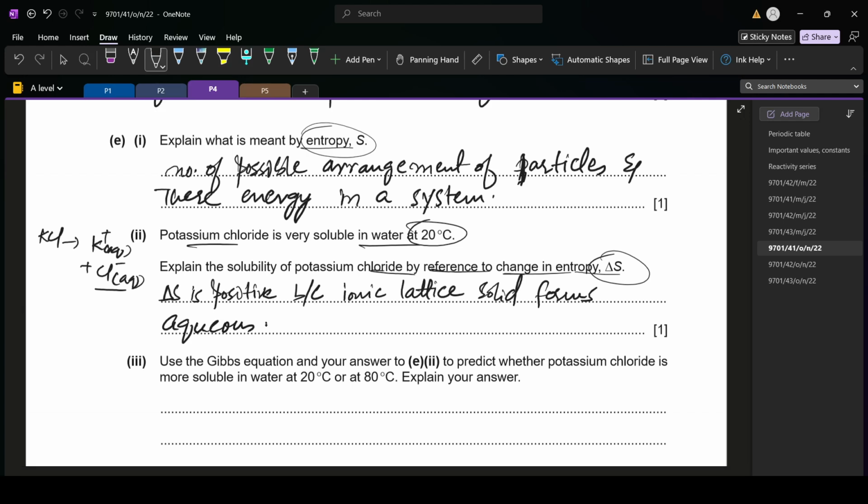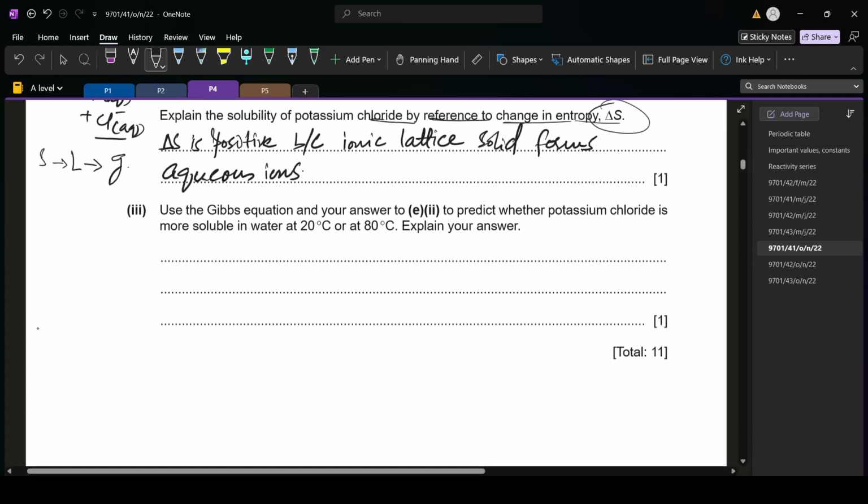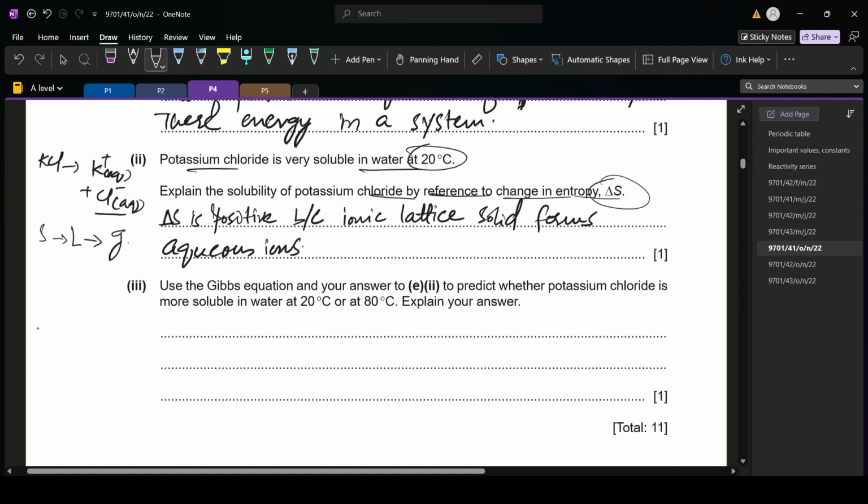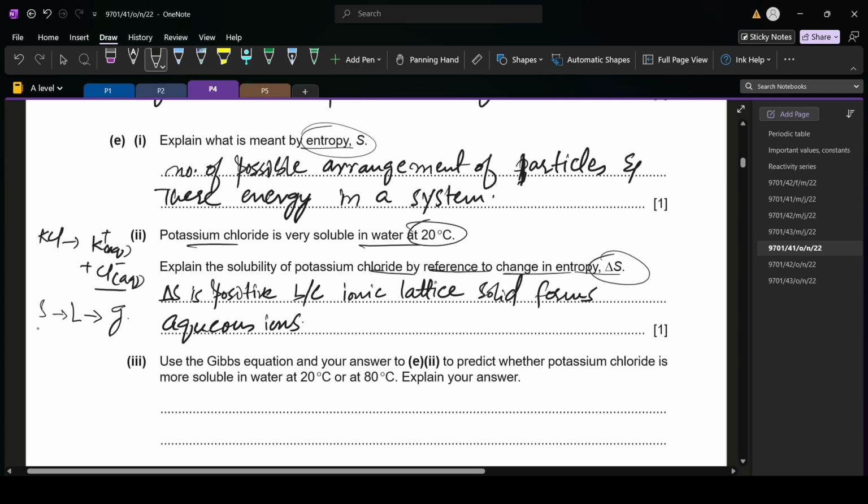You have to understand that the entropy of solids is lower than liquids, and gas has the largest entropy. So when the solid is changed into aqueous ions, the entropy will increase.